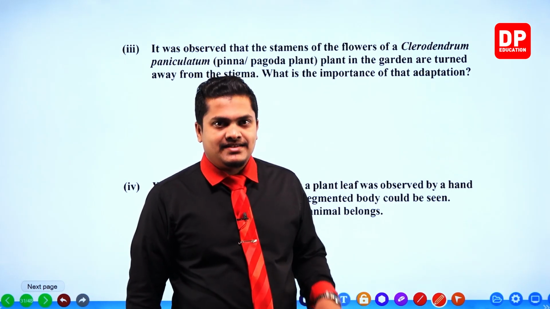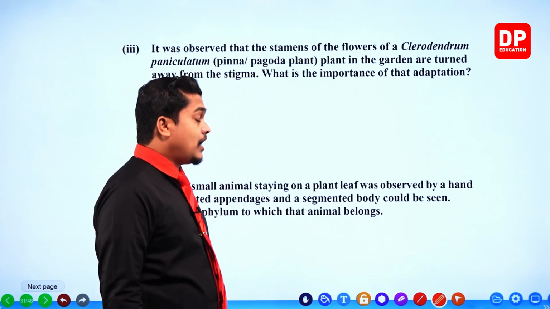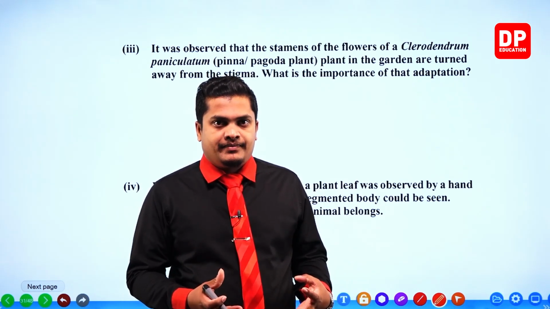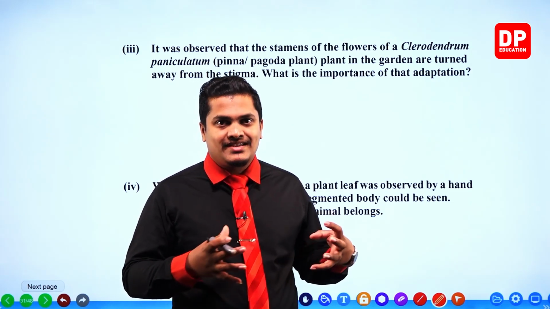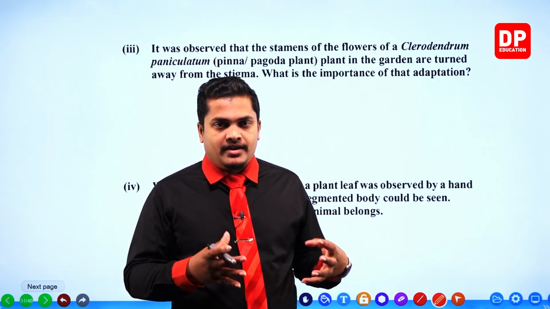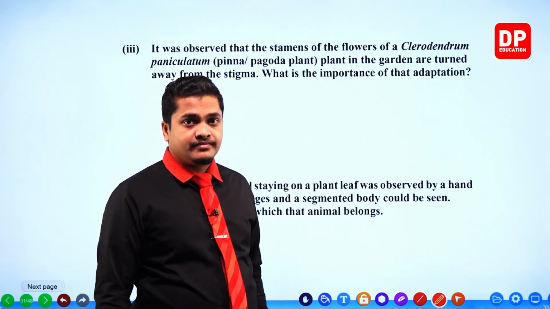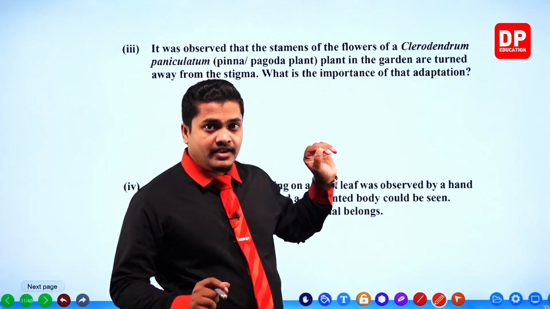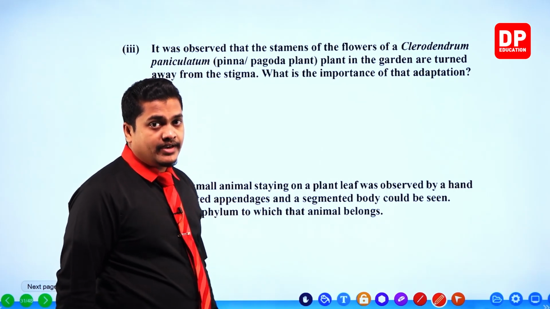So actually, the pinna plant or pagoda plant promotes cross-pollination by using a special adaptation called exserted stamens. The definition for exserted stamen is the one given over here: locating the stamen somewhat away, at a certain distance, from the stigma, my dear children.